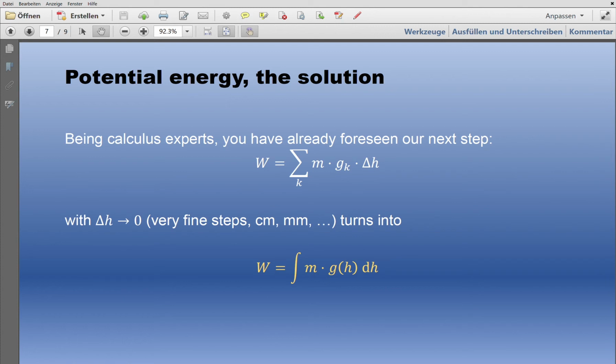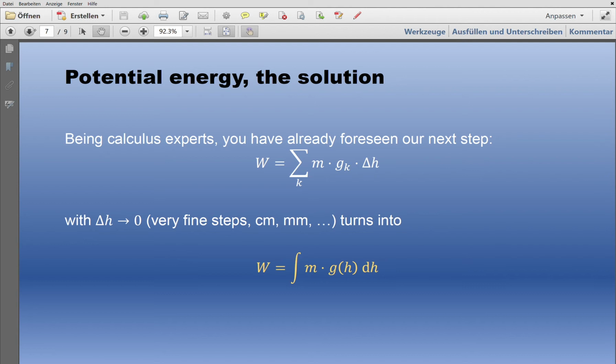Especially if we want to make this more exact, we have to consider very small steps. Instead of centimeters, we might go for millimeters or micrometers, and in maths we can compute the limit as delta h approaches 0, and then we get the integral.